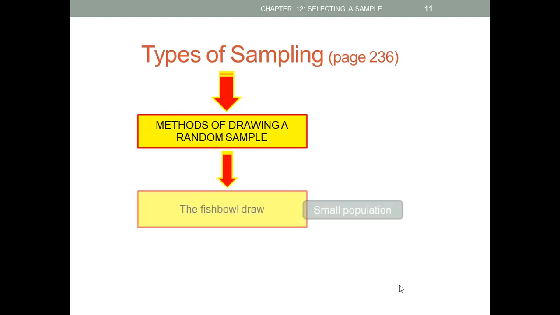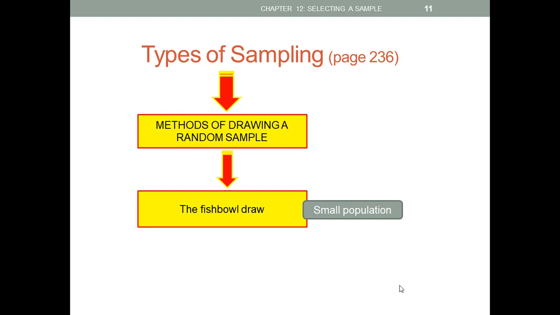Right now, we go to 3 methods available to researchers when they want to draw a sample randomly for their study. The first one and the most familiar one is the fishbowl draw. It's like a lottery or a lucky draw.